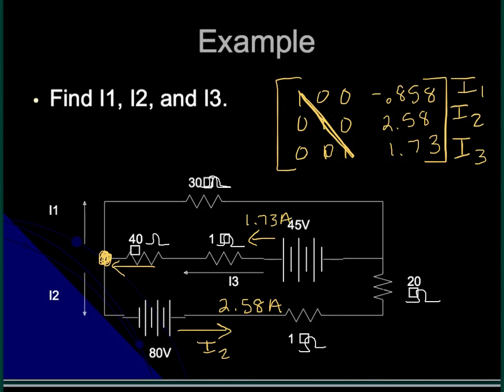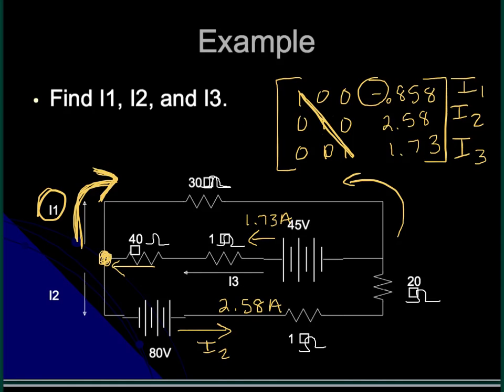And remember at the beginning, I said that the current probably should go this way, but our picture had it going the other way. Because we got a negative value for I1, since when we set up all of our equations, we set it up going clockwise.